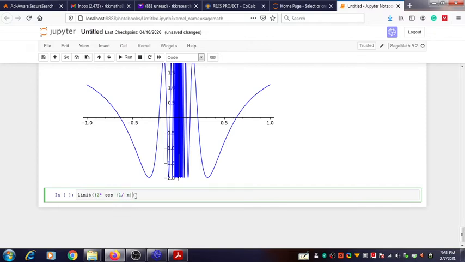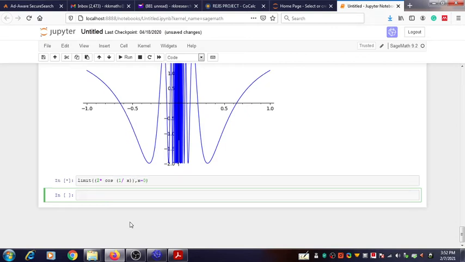Then you put a comma, and at which point we want to find the limit: x equal to 0 is the point where we require that limit. Thus we have completed the command to obtain the limit.